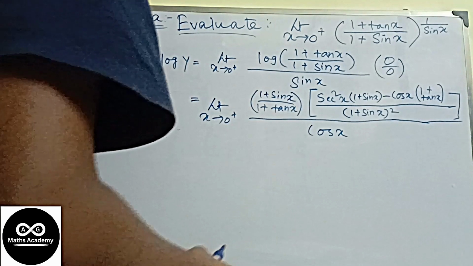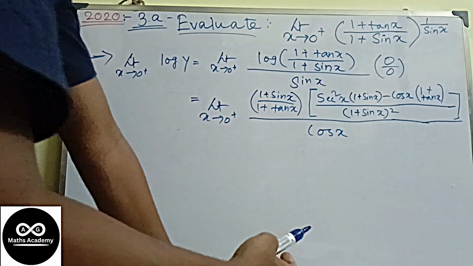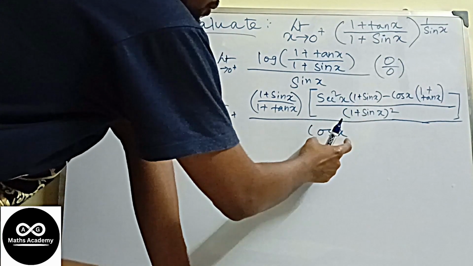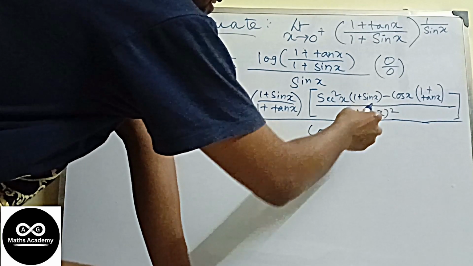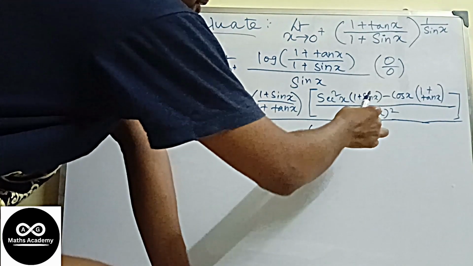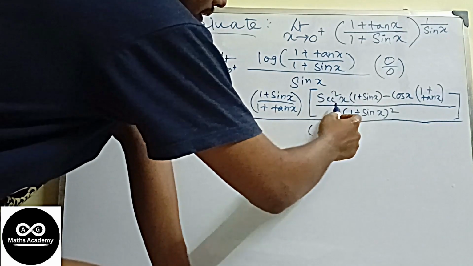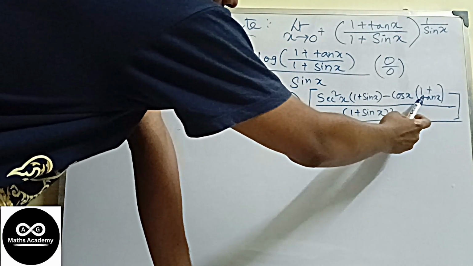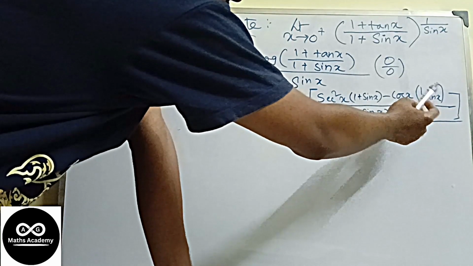Now sec square x, which is 1 by cos square x, will be 1. So it will be 1, and it will also be 1, and 1 plus sin x, where sin is 0, will be 1. So this part will be 1, and minus cos x, which will also be 1, and 1 plus tan x, which will also be 1.